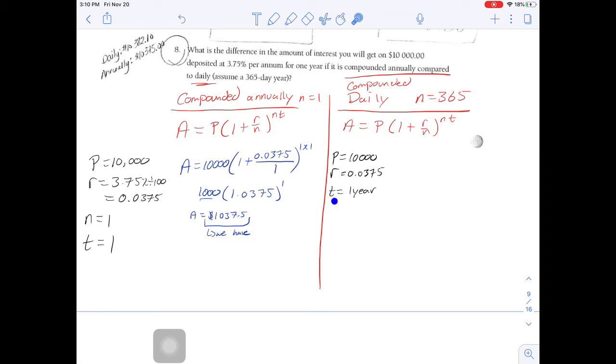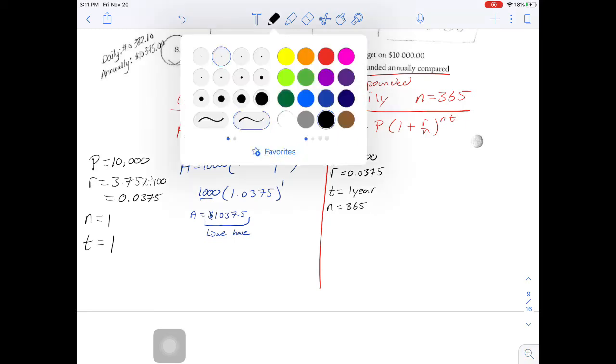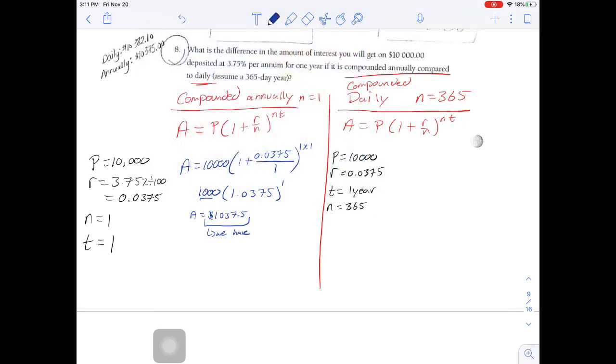But what's going to change is the fact that we're breaking this year into 365 times. So N is going to be 365. Okay, so what does that mean for us? Well, this means that our equation is going to look a little different and we're going to make a different amount of money.